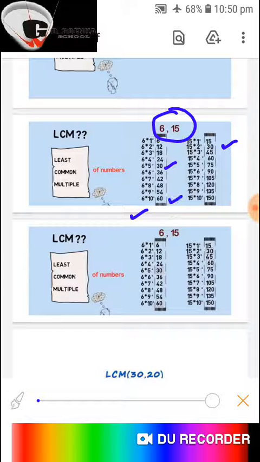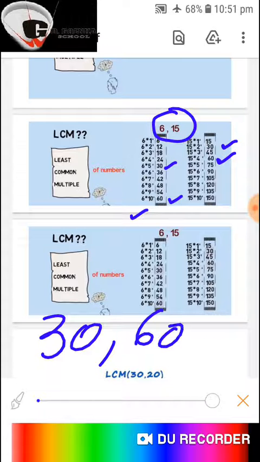Similarly, 60 is a multiple of 6, 60 is also a multiple of 15. So, we can here say that 30 and 60 are common multiples of both the numbers 6 and 15. So, what is a common multiple? Common multiples are the multiples that are common to the given numbers. So we can say that 30 and 60 are the common multiples of 6 and 15.